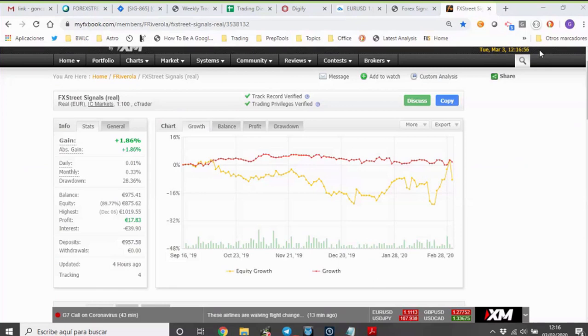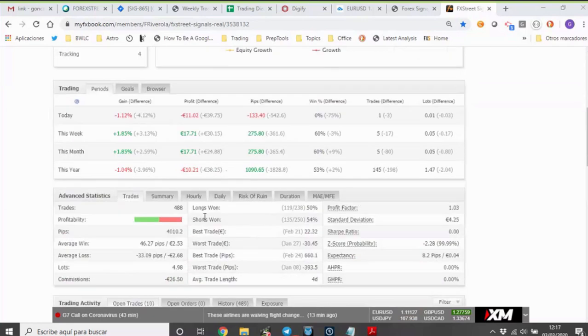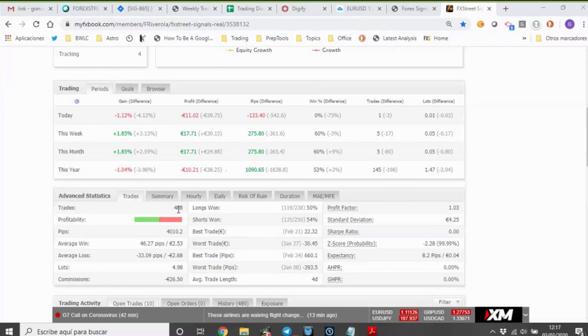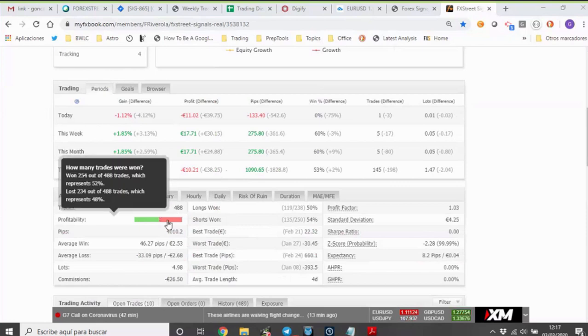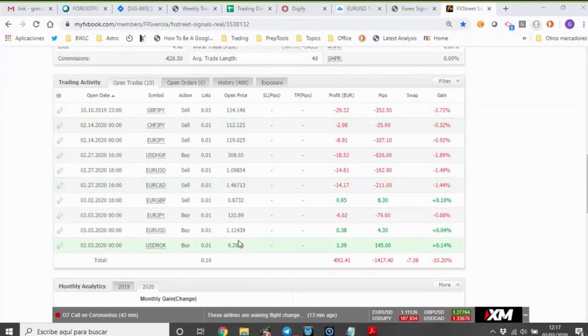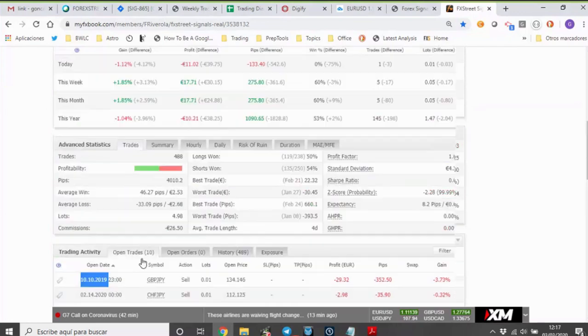Balance and equity are displayed here, and below, the main numbers such as profitability and number of trades. We are almost reaching 500 trades. As we explained before, these are the open trades, and they're almost all from this year. We have one trade from last year only.